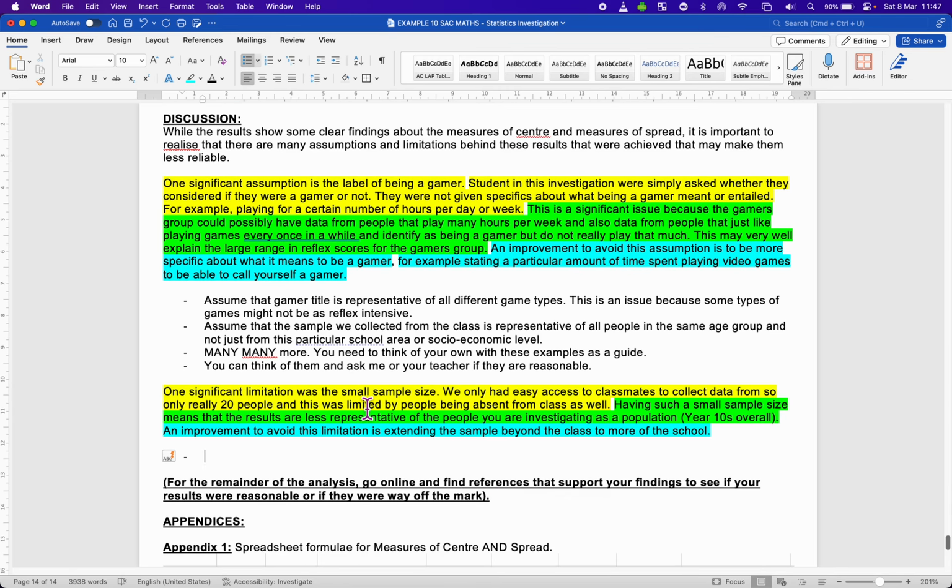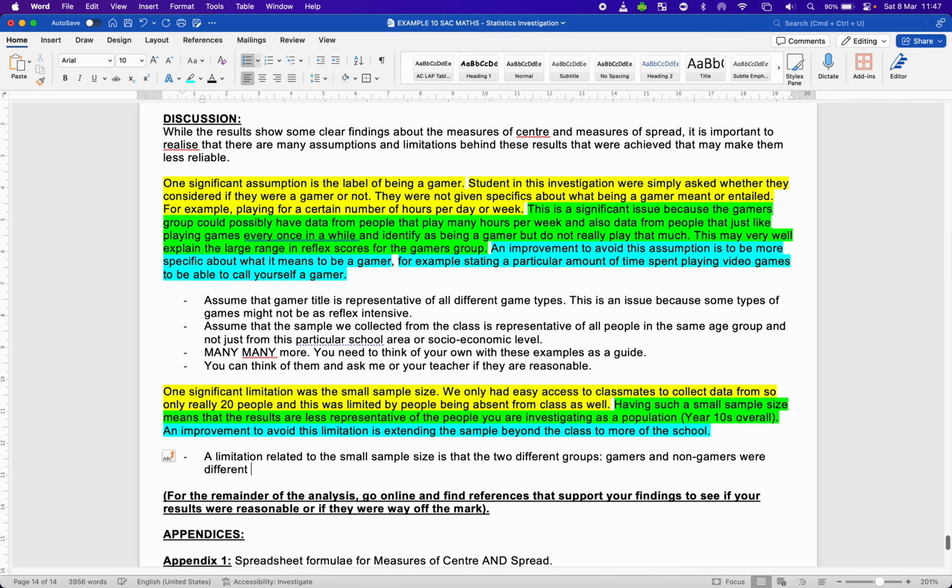What's some examples of other limitations? A limitation related to small sample size is that the two different groups, gamers and non-gamers, were different in size, uneven.